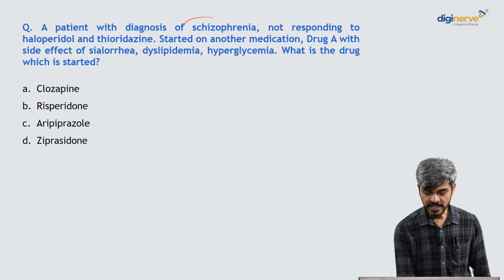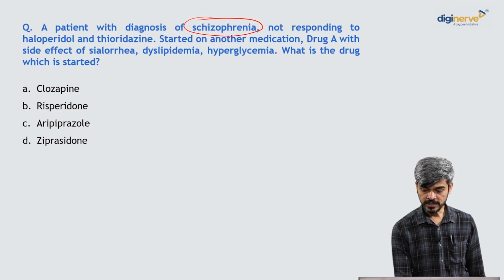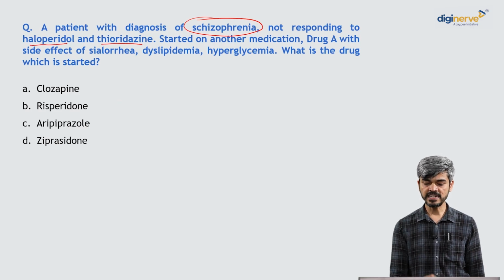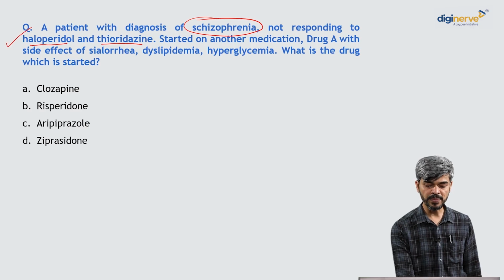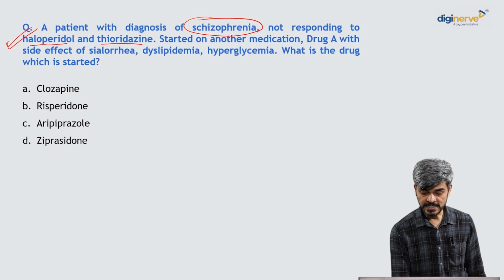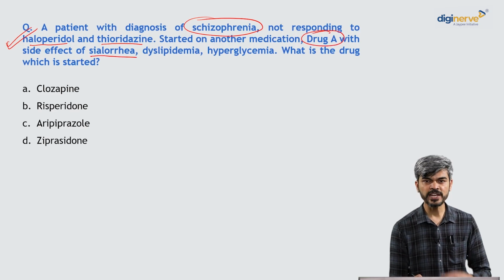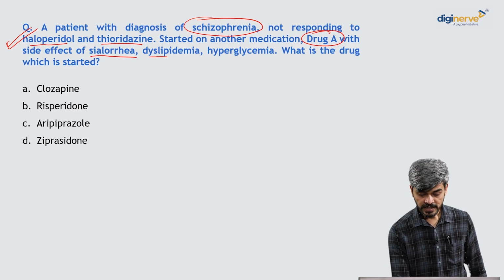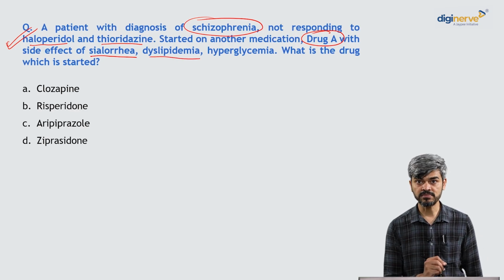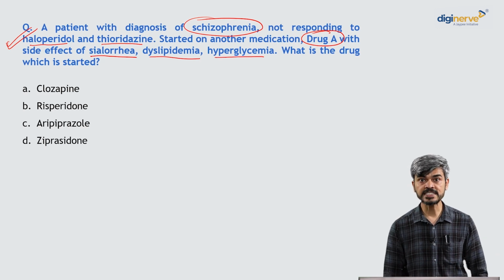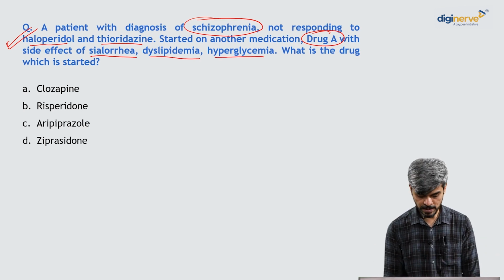A patient with a diagnosis of schizophrenia is not responding to haloperidol and thioridazine, okay. So basically they have tried these typical, older generation antipsychotics, and he has not responded to them. So he is started on some drug, drug A, which has side effects of sialorrhea. There is a lot of salivation that this patient has developed as an adverse effect. This person has also developed dyslipidemia, so there are abnormalities in the lipid profile, and also abnormalities in the blood sugars, hyperglycemia.